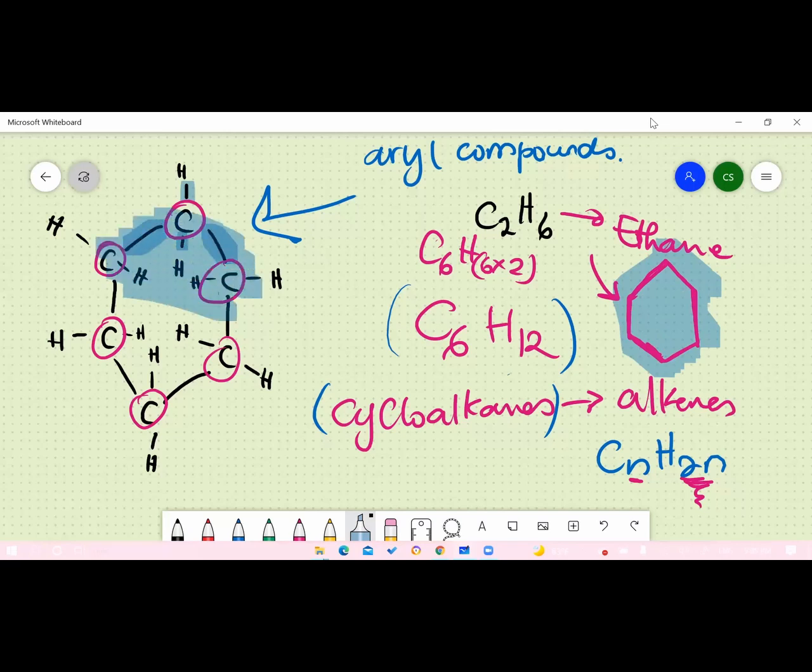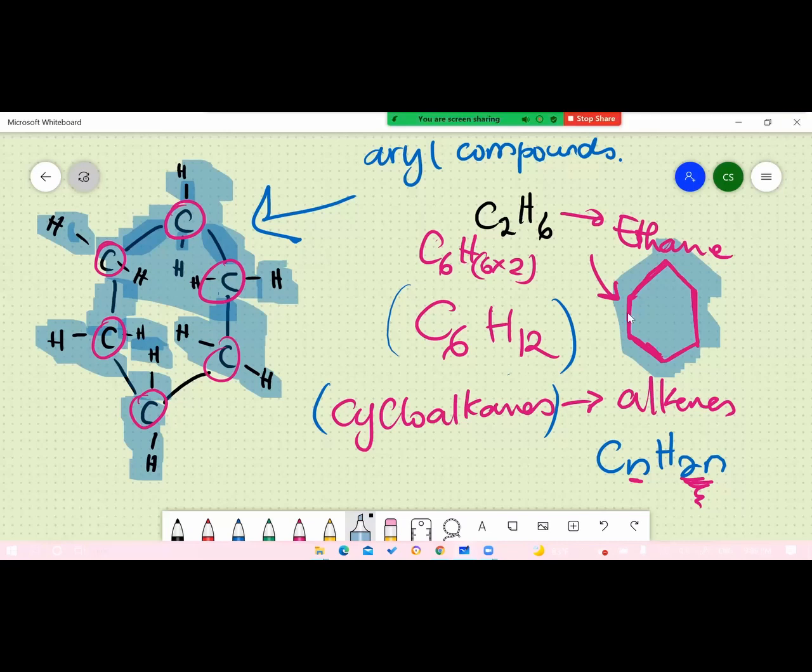Remember, the displayed formula shows the actual bonds, which are the lines, and the atoms themselves, hydrogen and carbon. The one without the bonds is the condensed formula for cyclohexane. This one is specifically cyclohexane.